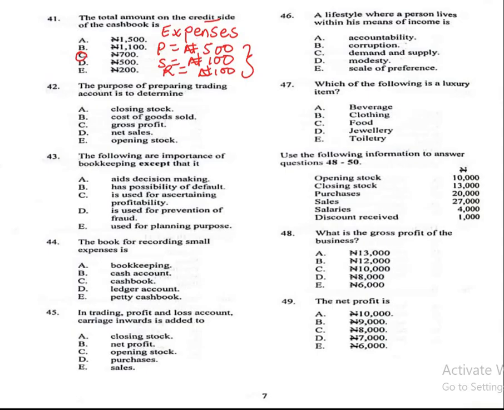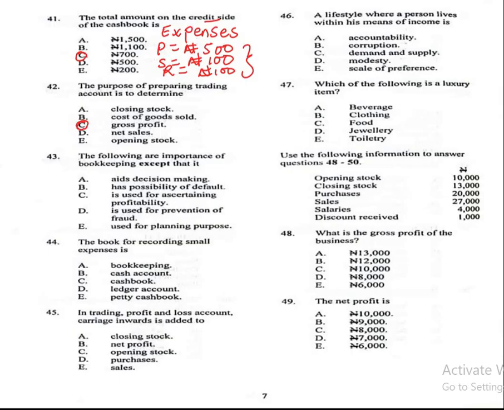Question 42 says, the purpose of preparing trading account is to determine A. closing stock, B. cost of goods sold, C. gross profit, D. net sales, E. opening stock. The correct answer is C. Gross profit. Question 43.